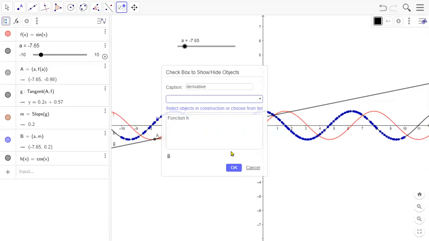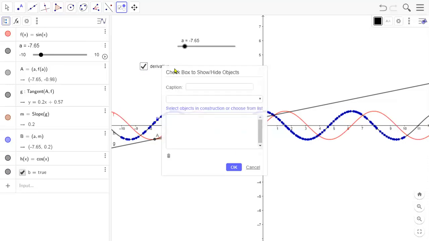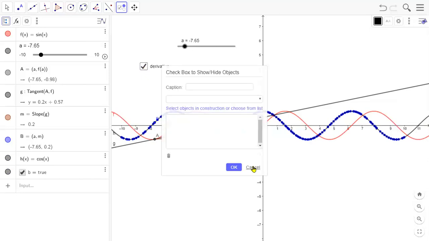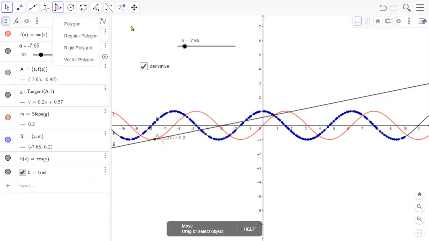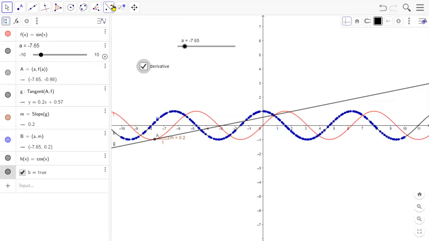We can show or hide this derivative function. Let me use this checkbox.